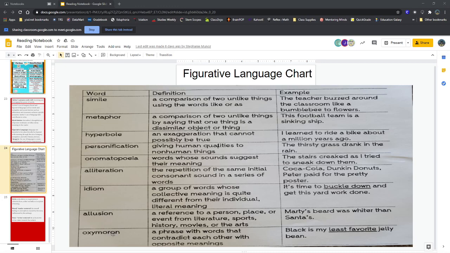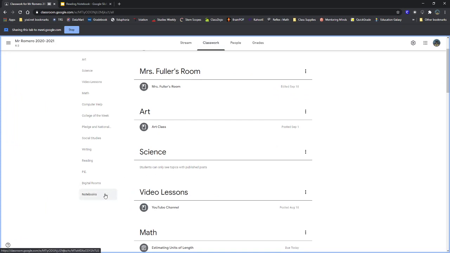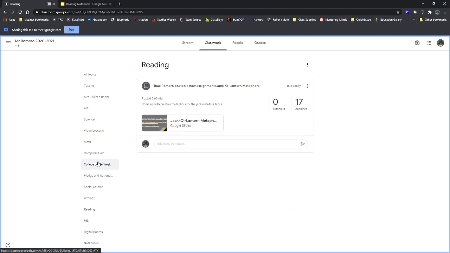Now, we're going to work with a few of these during the week using a couple of different activities. And we're going to start today by working with metaphors. Okay? So what you're going to do is, from classwork, you're going to go into reading, and we're going to find this assignment, jack-o'-lantern metaphors.